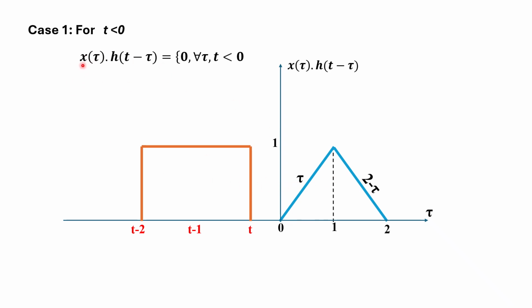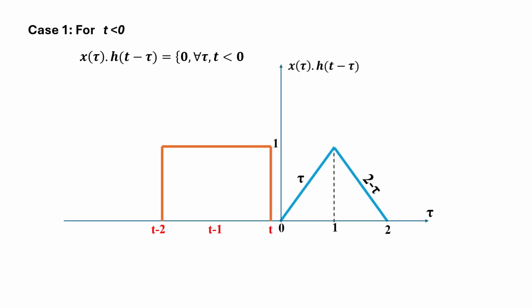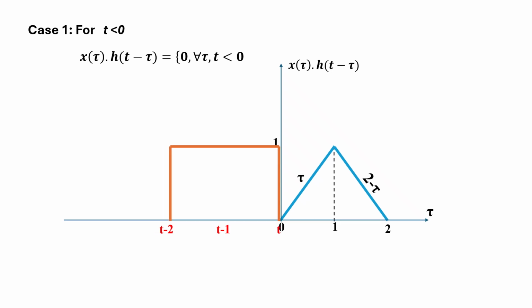Thus, we express x of tau into h of t minus tau as 0 for all values of t. So, this definition holds until the value of t reaches 0.